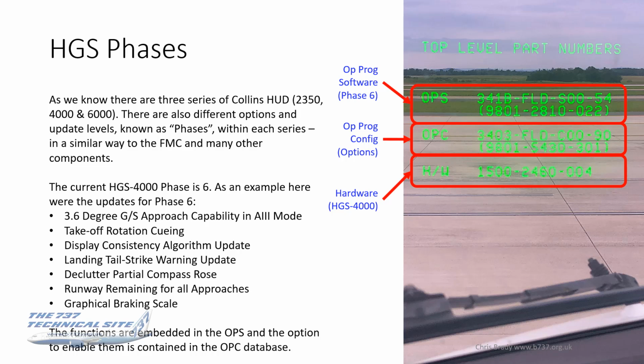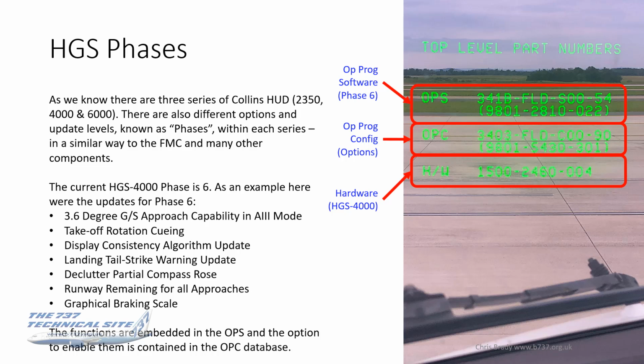These functions are all embedded into the OPS, the operating software, and the option to enable them, because just because you've got Phase 6 doesn't mean you've necessarily, to be frank, paid for the optional extras. They're all contained in the OPC database, which is the Operation Program Config database.